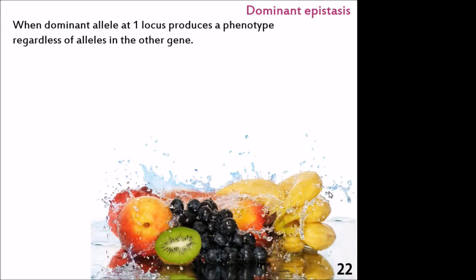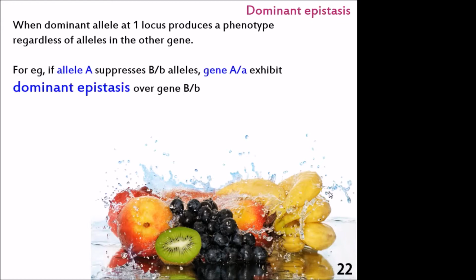As long as you got one big B, who cares what's on the other gene locus, it will still be the same phenotype. Okay? So, if for example you have one allele big A, and it will suppress whatever alleles you have on the B locus, then we say gene A, small a, exhibits dominant epistasis over gene B. You can just say gene A exhibits epistasis over gene B.